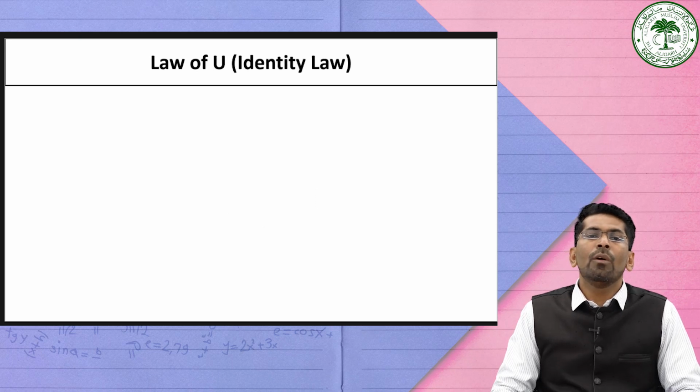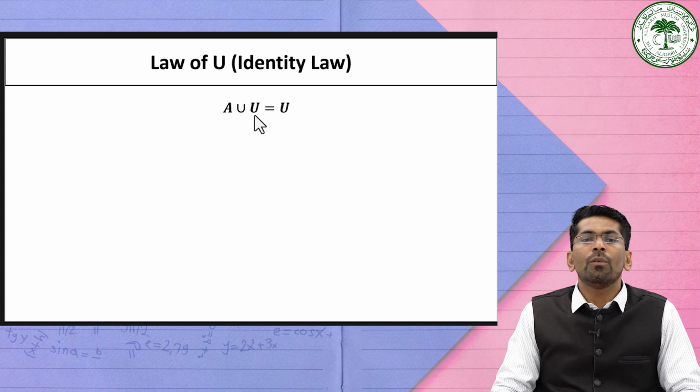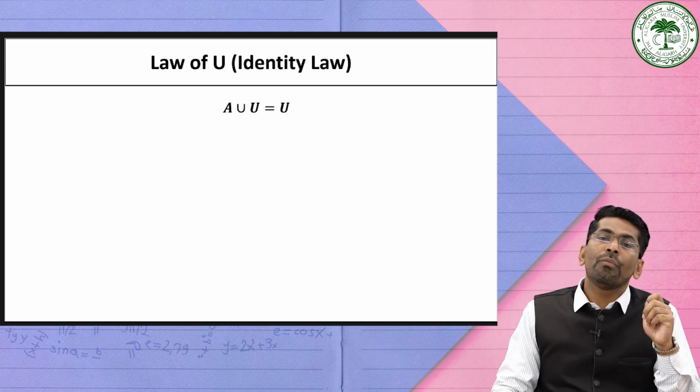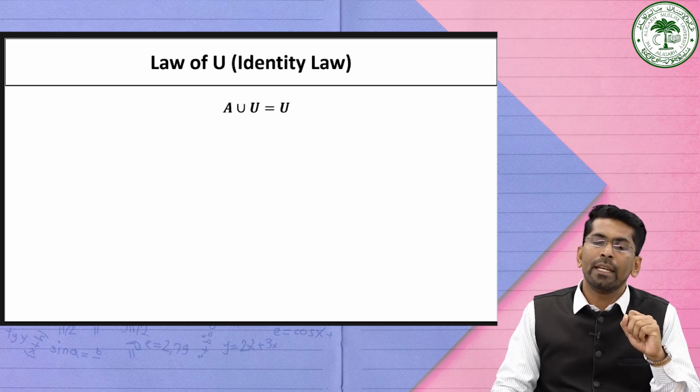Now we have another law, that is the universal identity law. That is A union universal set equals the universal set. A union U equals the universal set, which represents the fact that the union of any set A with the universal set is equal to the universal set.